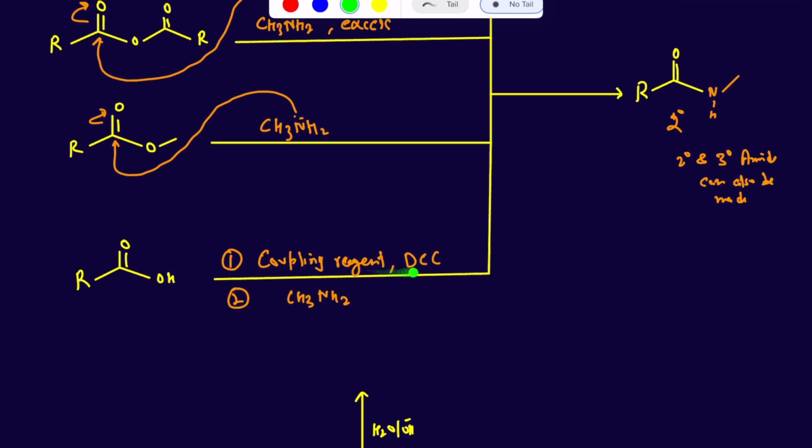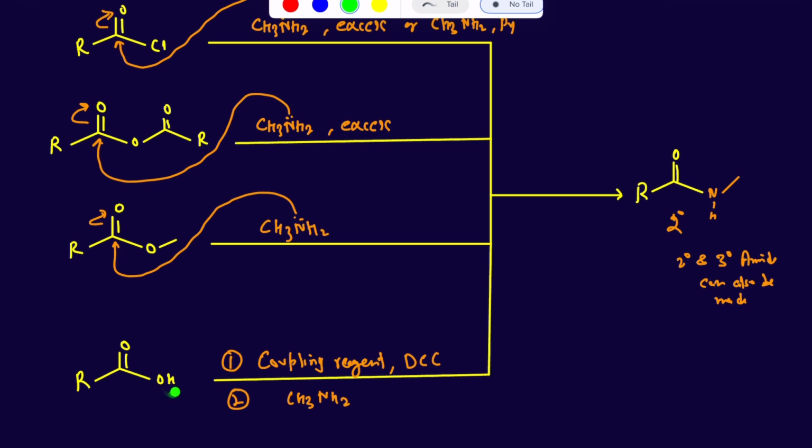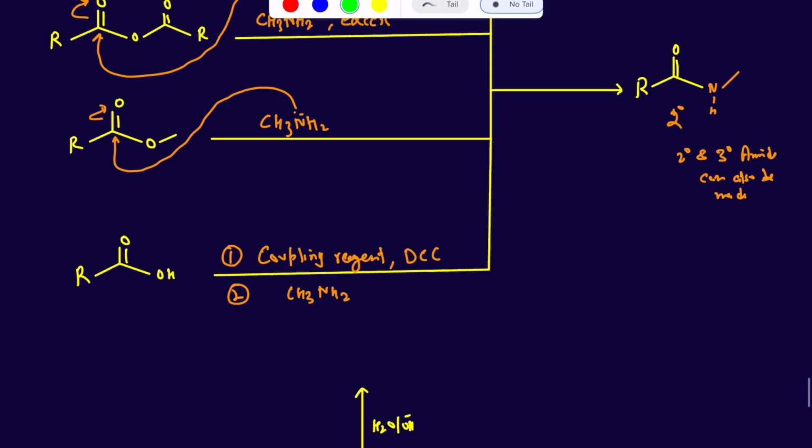The whole point of using the coupling reagent is first to kill off this acidic proton here, and also make this OH a better leaving group. That would be an even better leaving group than what you have in the case of an ester. I wouldn't really quantify or compare that particular leaving group with the chloride or the anhydrides, but it's certainly going to be better than the OH and the OR that you get in the esters.